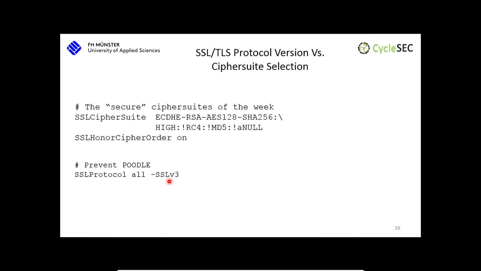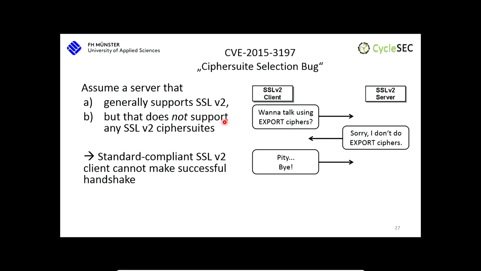Right? Which meant that OpenSSL behind that would enable SSL version 2, but all the export ciphers would be forbidden, right? So this cipher suite configuration here would forbid export 40-bit cipher suites. So therefore, Drown shouldn't work, okay? So how does SSL version 2 do the cipher suite negotiation?